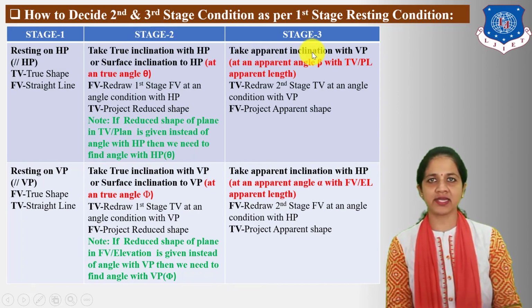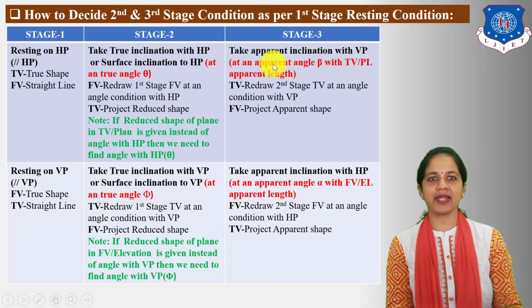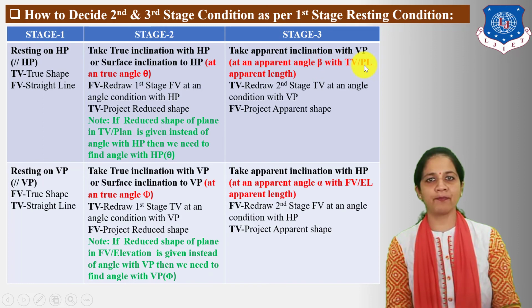Next, in the third stage, take the apparent inclination with VP at an apparent angle beta with the top view or plan apparent length. Here, in the top view, redraw the second stage reduced shape top view at an angle condition with VP, and in the front view, project the apparent shape.